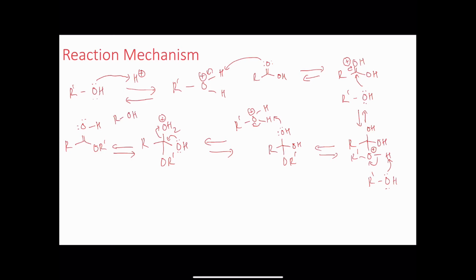So we're gonna take the alcohol, and actually we have a positive charge on the oxygen as well. So we take the OH, we do the nucleophilic attack to the hydrogen, break the bond between oxygen and hydrogen, and eventually we end up having an ester as a main product of the Fischer esterification reaction.